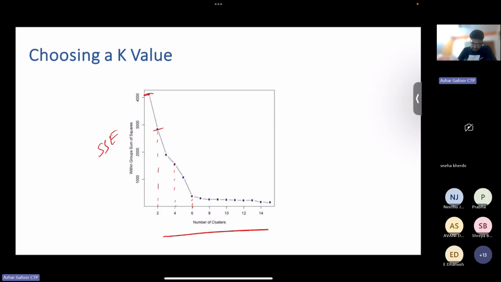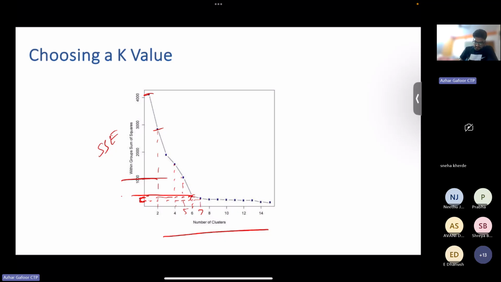At 6 we can see the SSE is at this level, and at 7, if you see, there is not much difference. So this should be 7. There is not much difference between the SSE. Whereas when we moved from 5 to 6, the difference was higher.